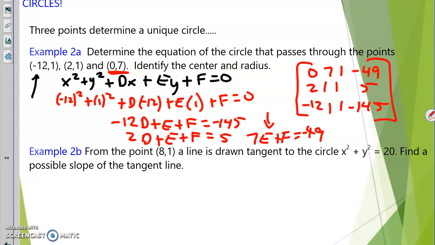And then I took some time to put that in reduced row echelon form, and then I could solve for them, which made it relatively easy.